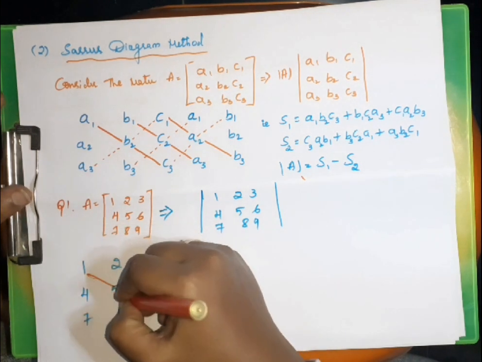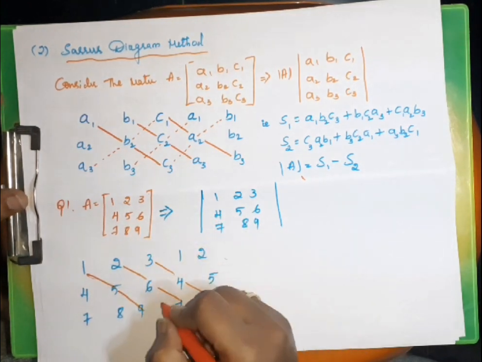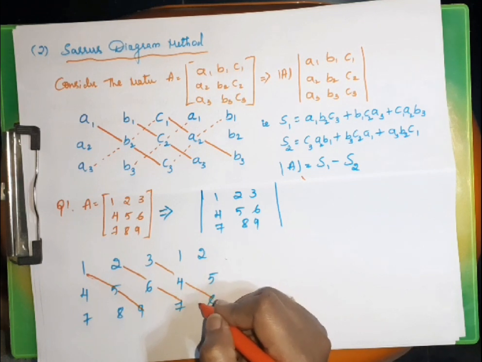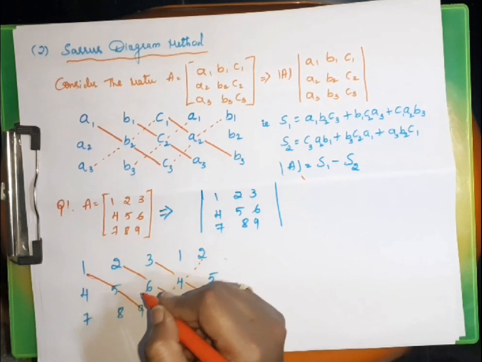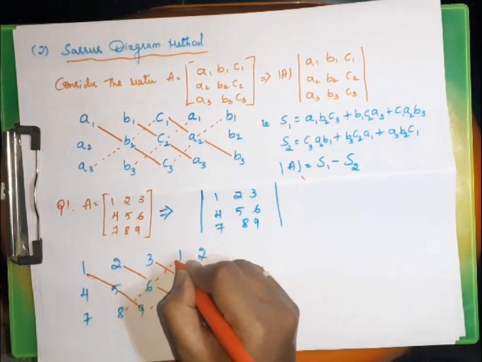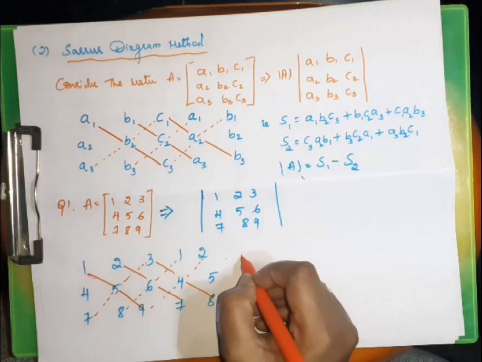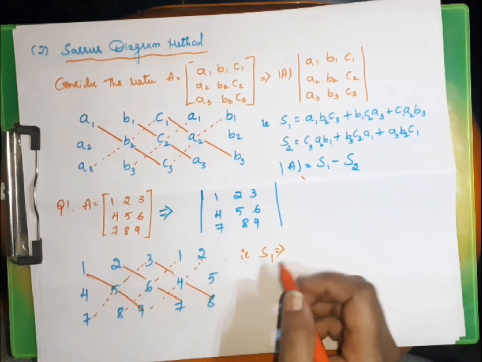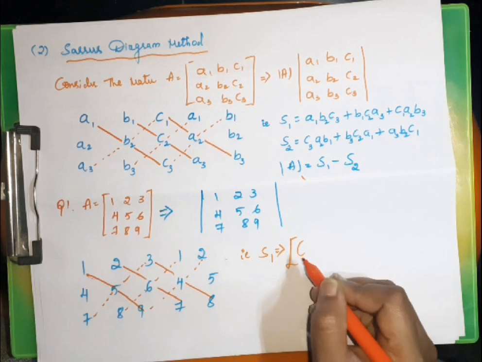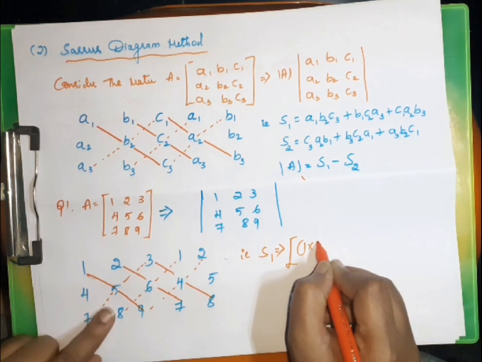The straight line has to be taken first, then afterwards the dotted line. So S1 is equal to, see 5, 1, 9, that is 1 into 5 into 9.